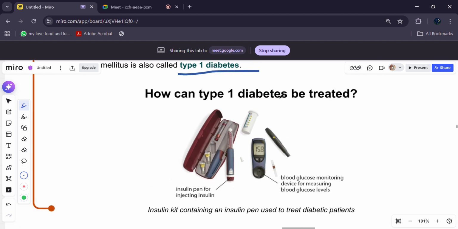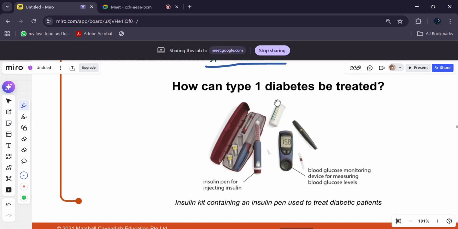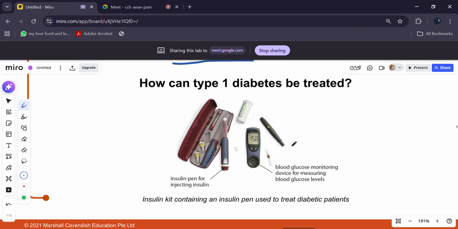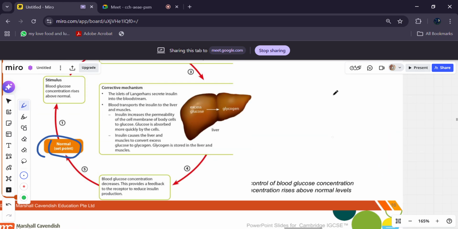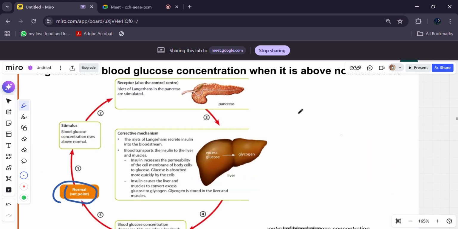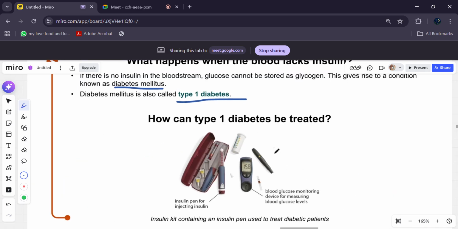So how can type 1 diabetes be treated? With insulin, but you have to inject it. You have to inject insulin into their bloodstream to allow the glucose to be converted into glycogen. But there's an issue. Sometimes it's not only that the glucose cannot be converted into glycogen, but also that the islet of Langerhans cannot produce insulin.